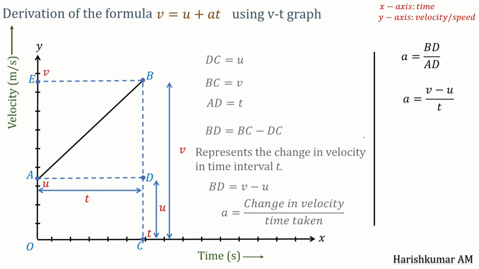Now, transposing t to the left side, and further transposing u to the left side, we have got at plus u is equal to v. Hence, we have derived the equation v is equal to u plus at.